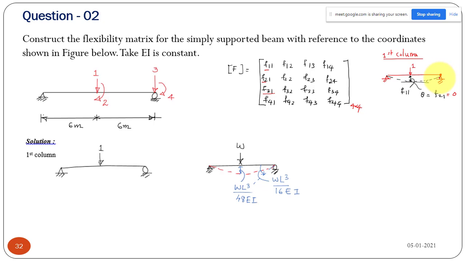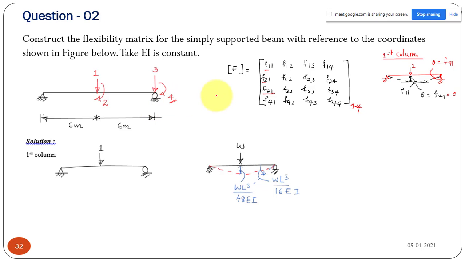That is displacement at 4 due to force at 1. This rotation, this theta, will be nothing but your F41. Okay, so these are the 4 elements. Out of these 4, 2 will be 0 automatically. The rotation at the center F21, and the deflection at coordinate 3, will also be 0 because we have a support here.